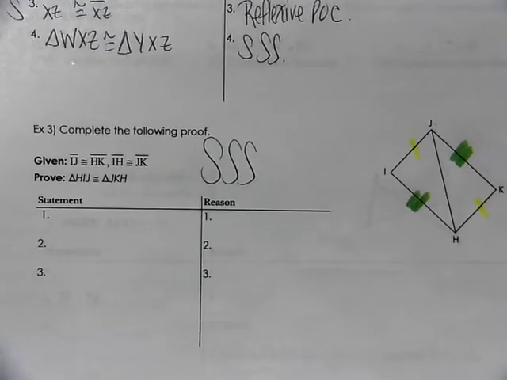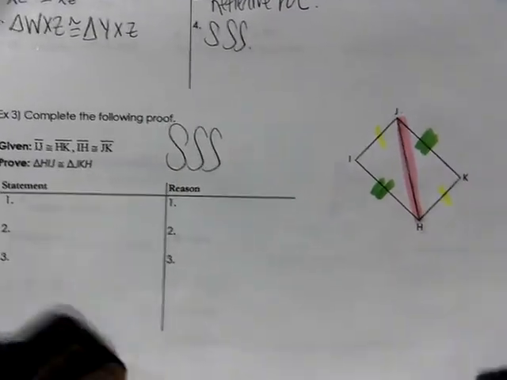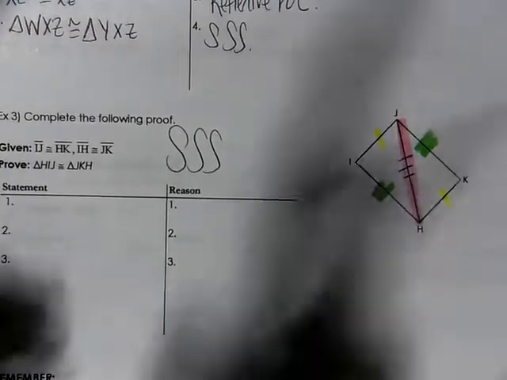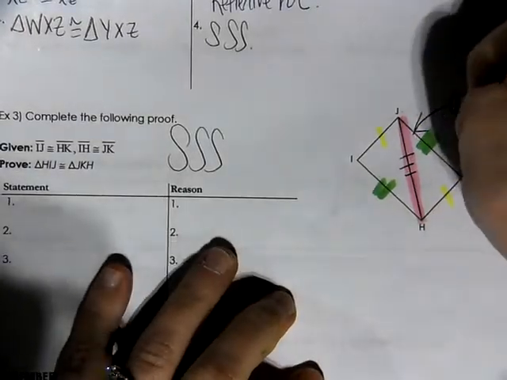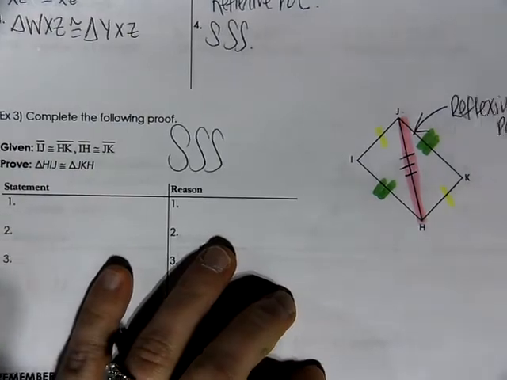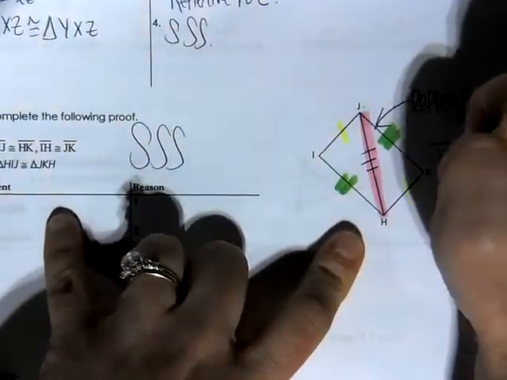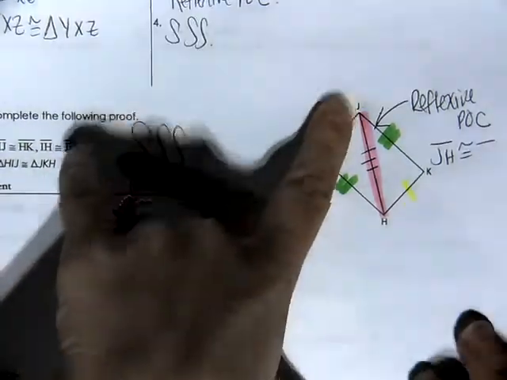So I need another side, and that other side once again is going to come from the fact that these two triangles share side JH. So because they share side JH, I get to use the reflexive property of congruence. Now this is the part that's tricky. Am I going to say that JH is congruent to JH or HJ?